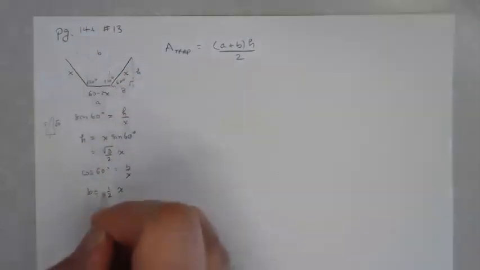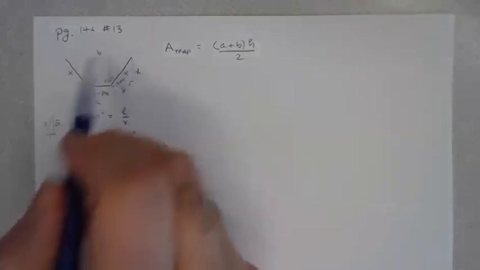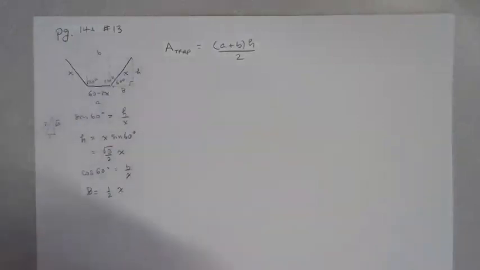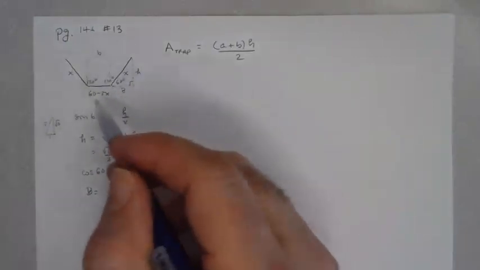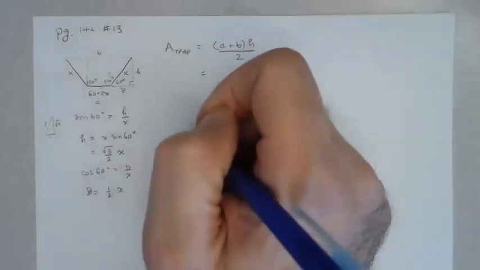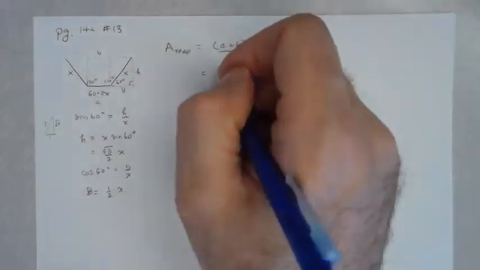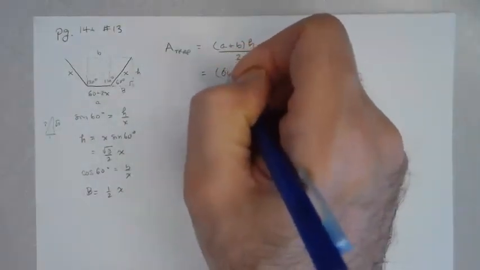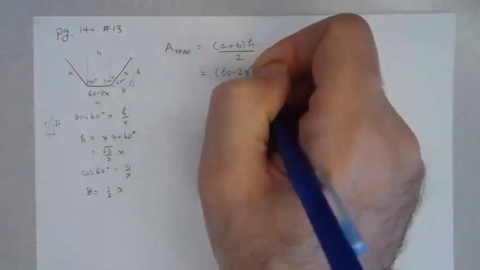I'll call this big B, just so that I don't confuse it with the little b there. All right. So now all I'm going to do is take what I found here and stick it into my trapezoid formula. So A, we already said, was 60 minus 2x.